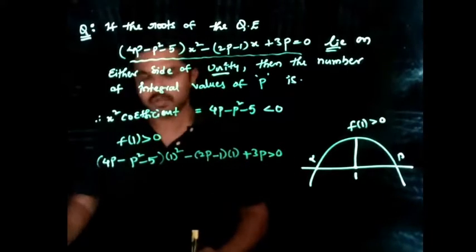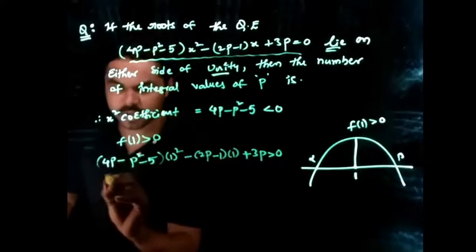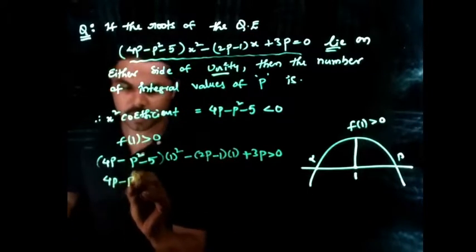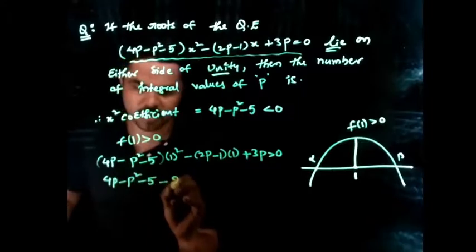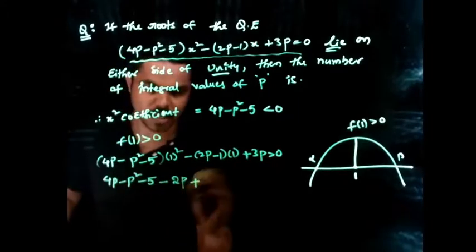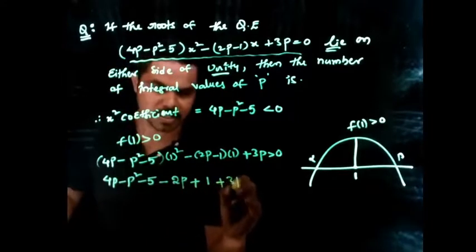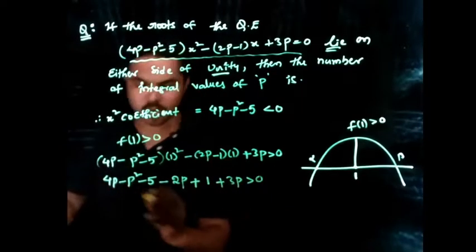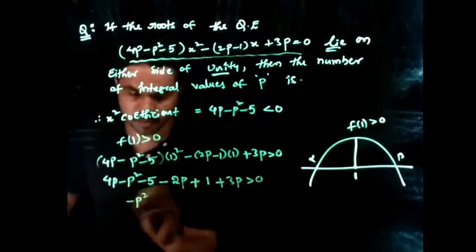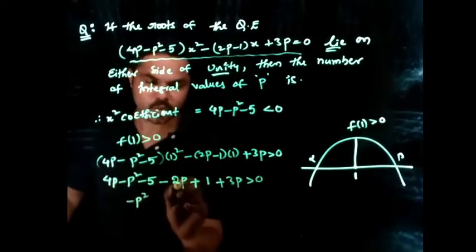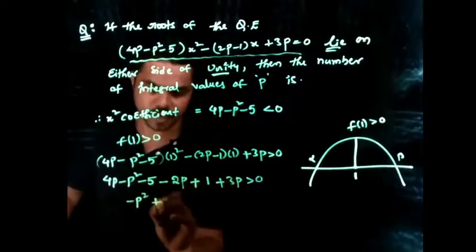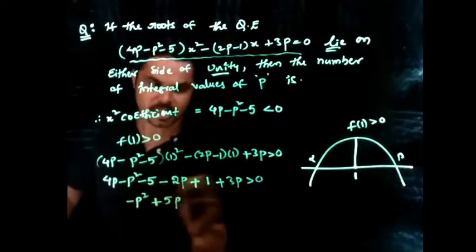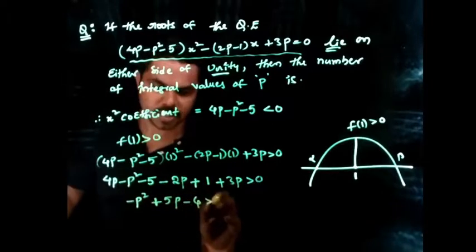Simplify it. 4p minus p square minus 5 minus 2p plus 1 plus 3p greater than 0. We have only one p square, that is negative, minus p square. 4p minus 2p plus 3p gives 5p, and minus 5 plus 1 gives minus 4, greater than 0.